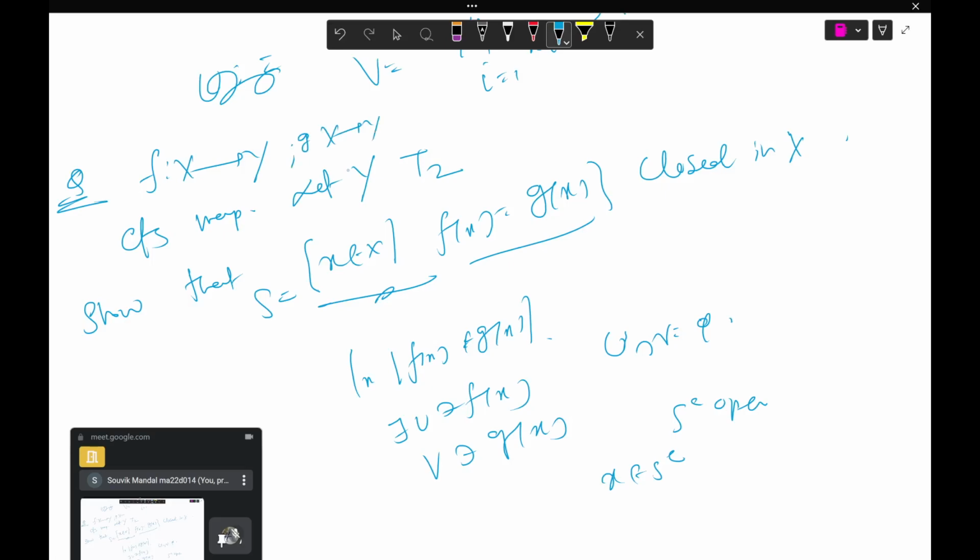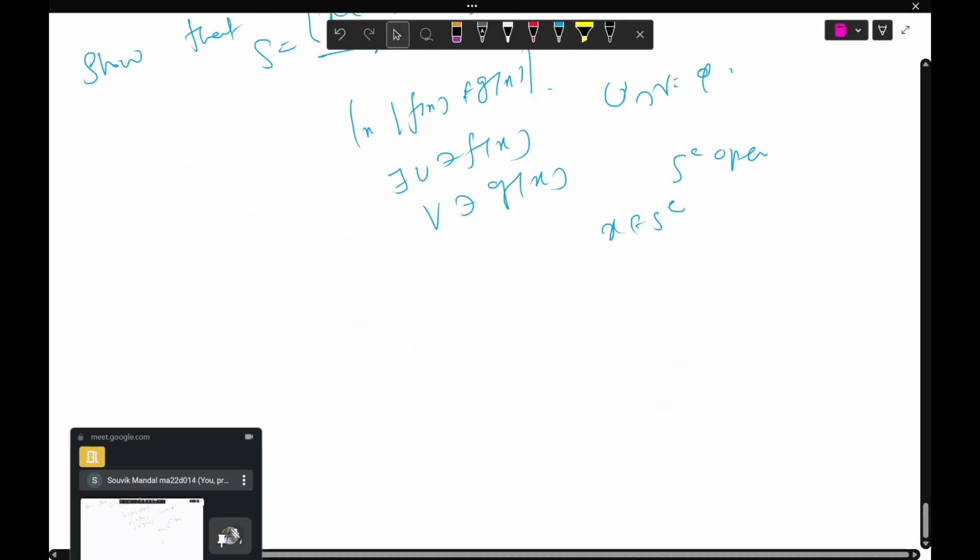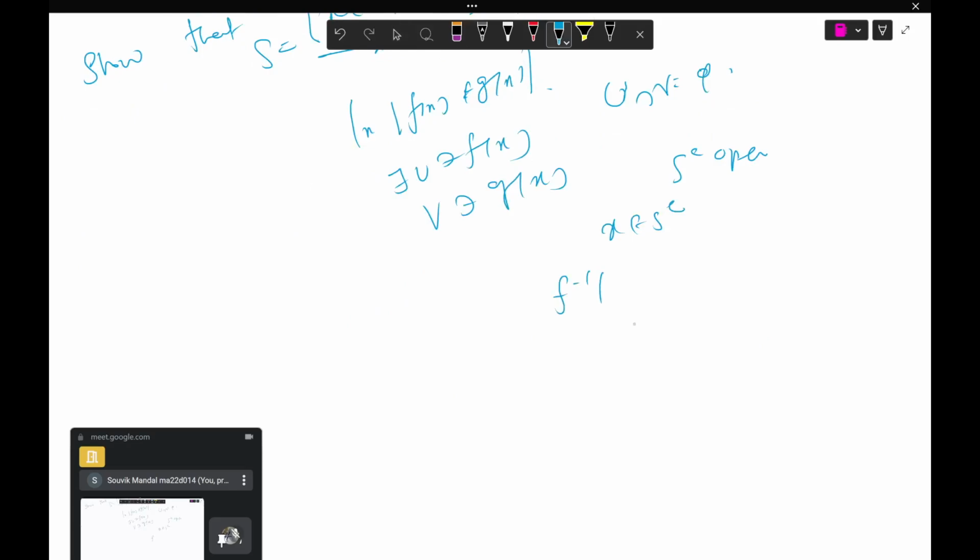If we take f inverse of U and g inverse of V, then x belongs to both of the sets, and since f and g are continuous, f inverse of U will be open and g inverse of V will be open. Yes, you are right. The f inverse U intersection g inverse V is open, and you need to show that it is contained in the S complement. Then only we are done.